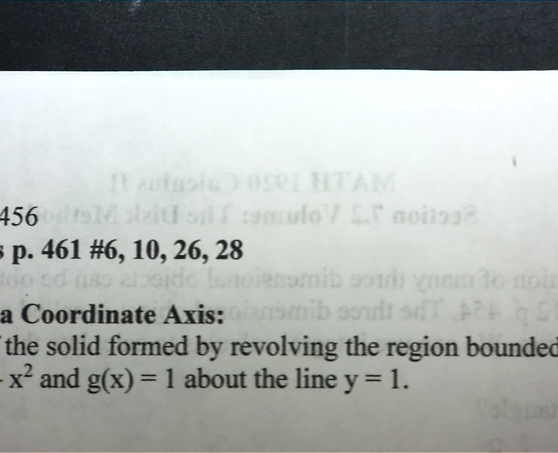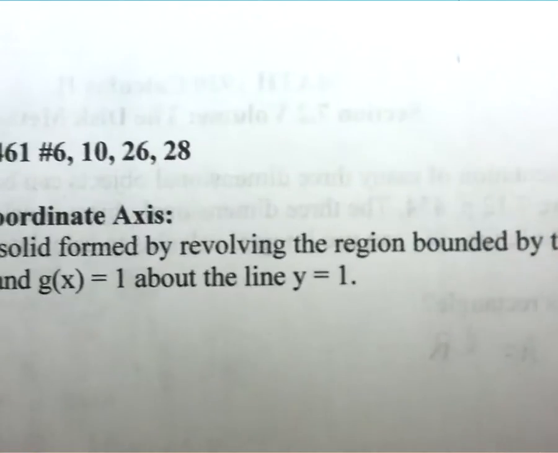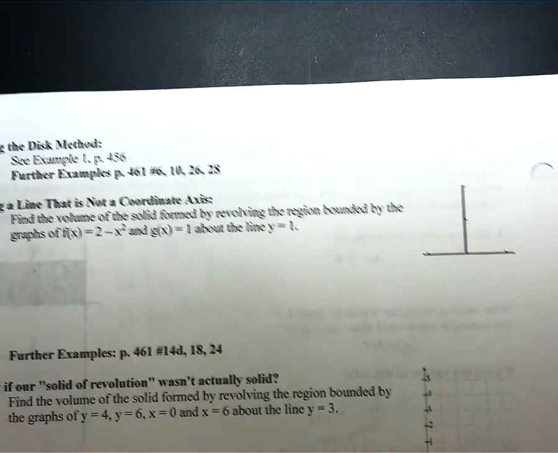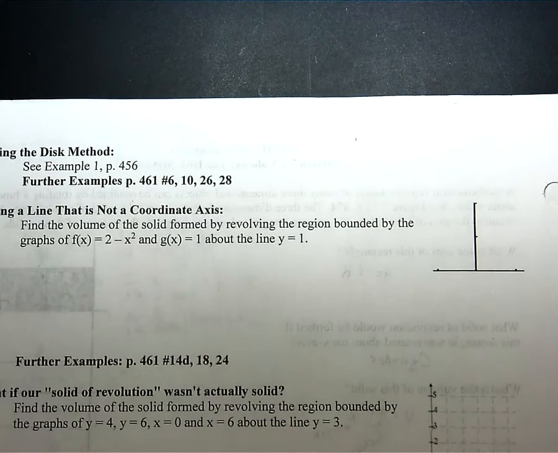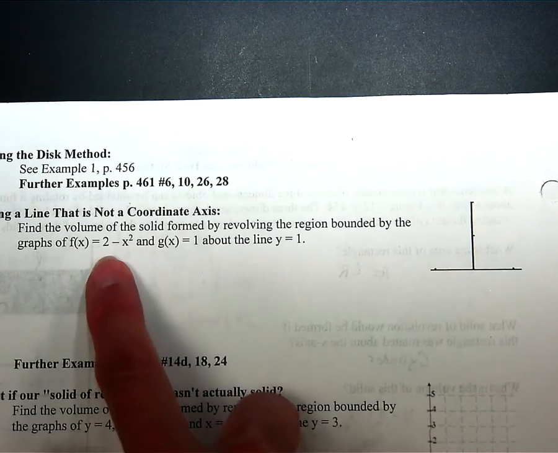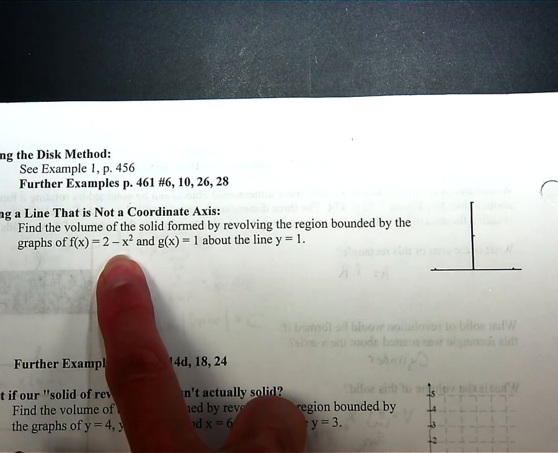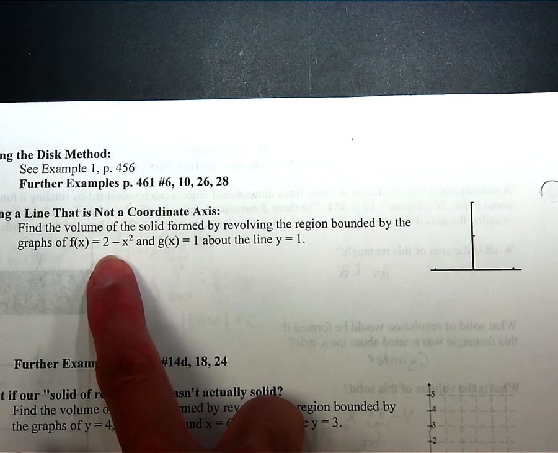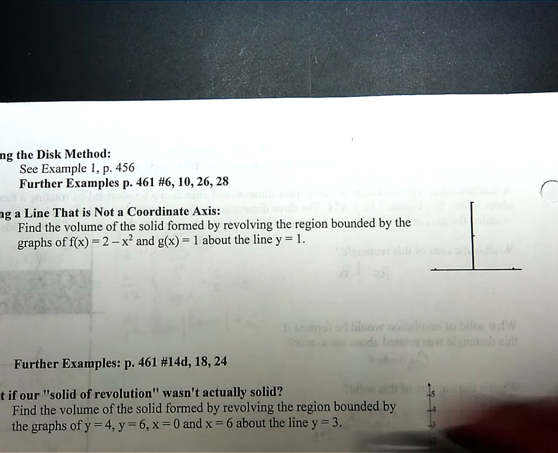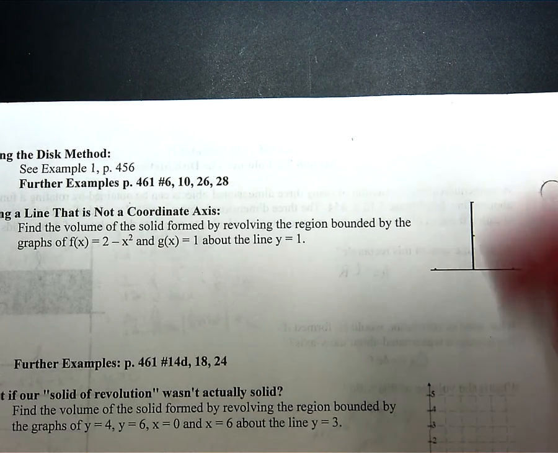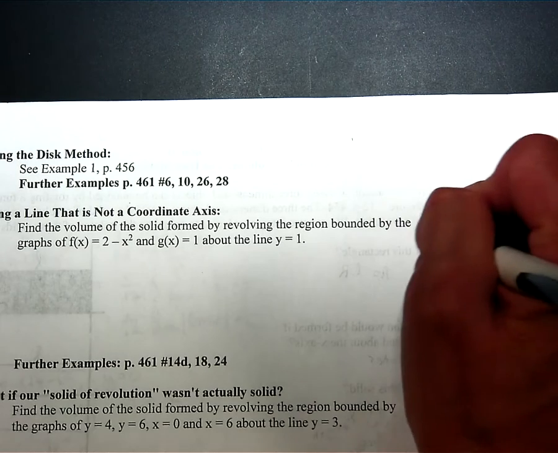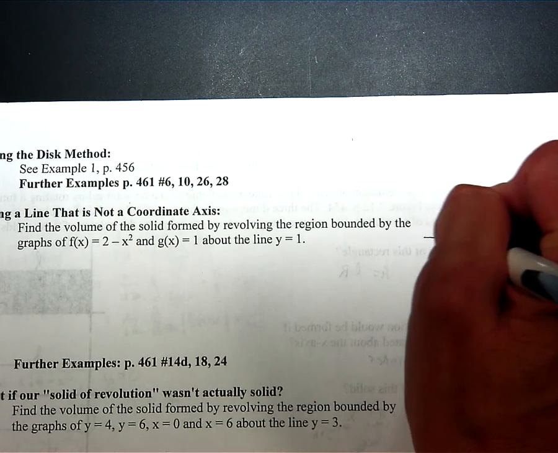What if our function wasn't being rotated about an axis, but about something else? y equals 2 minus x squared, that's a parabola. We want to rotate it not about the x-axis, but about the line y equals 1.